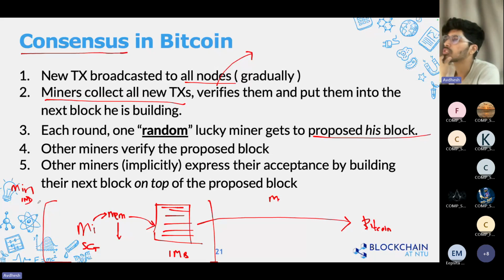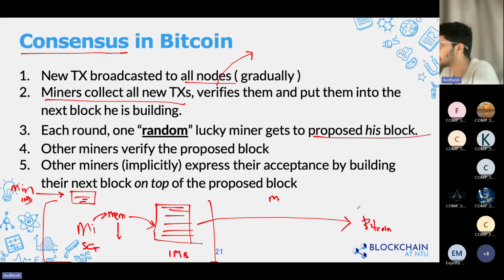So if the miner in India has proposed a new block, and let's suppose the Bitcoin blockchain is at block number 51, you are going to propose a block which comes after 51, right? So the proposed block 52 for the miner sitting in Singapore is this one, and for the miner sitting in India it is also this one.